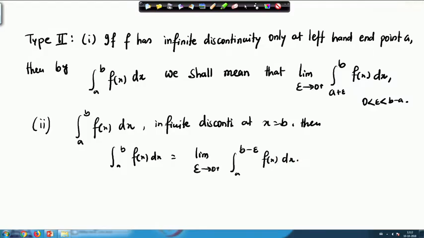So again we cannot go beyond the interval b, so we have to stay inside the interval, otherwise the range of integral would be beyond the interval a to b.